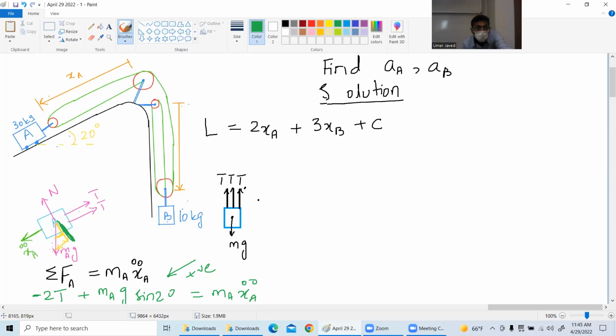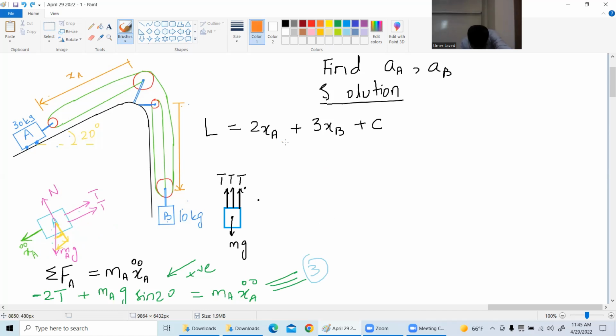This is mg sine 20. This one is mg sine 20 component along the tension. Now this I will call my equation number 3, because I want to remain consistent with my notes, in case I get stuck somewhere.